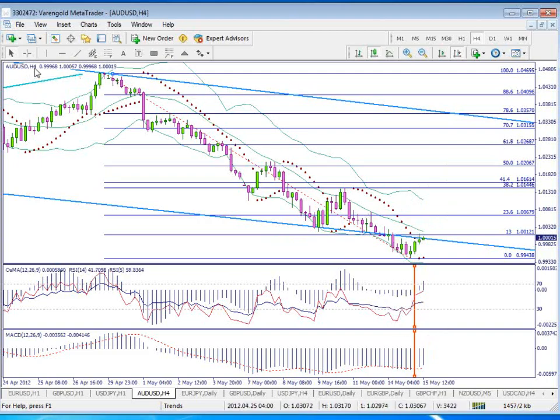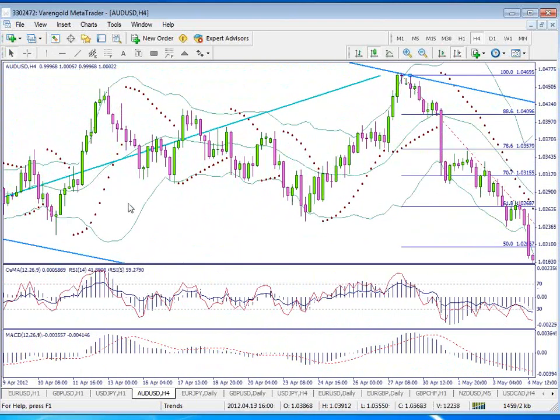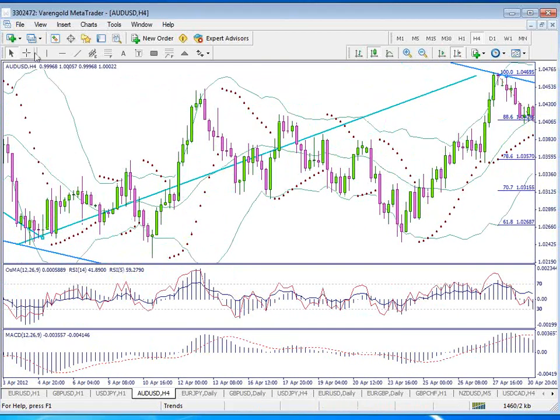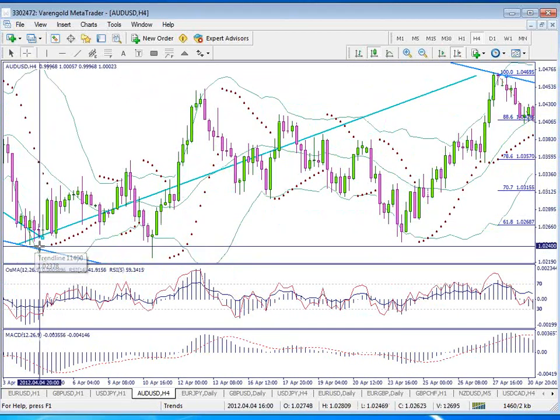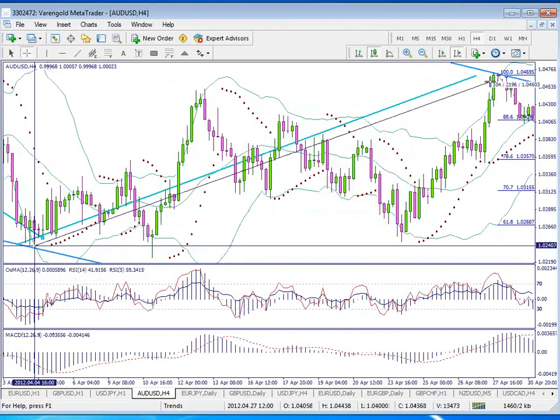But again, we are on 4-hour time frames. This was about 69 candles. The previous wave was about 100 candles.